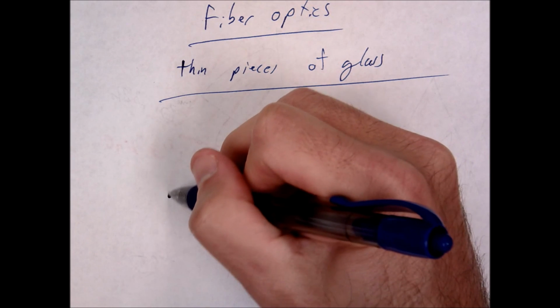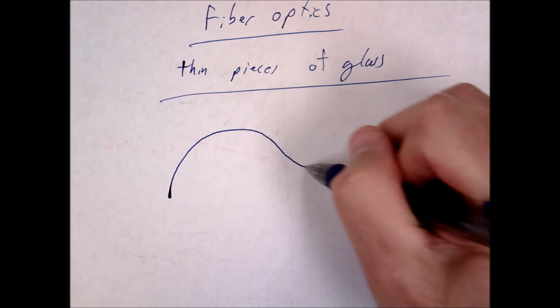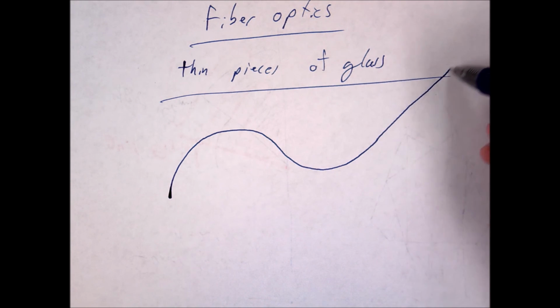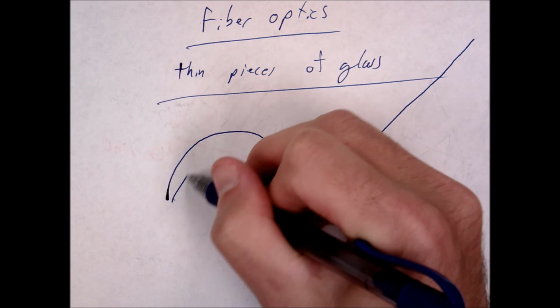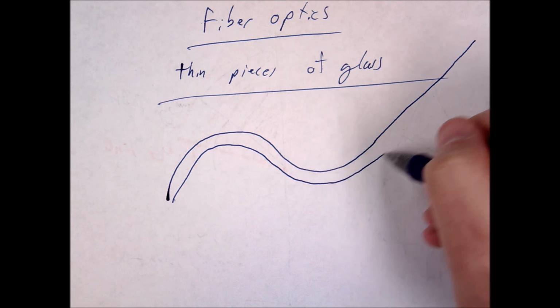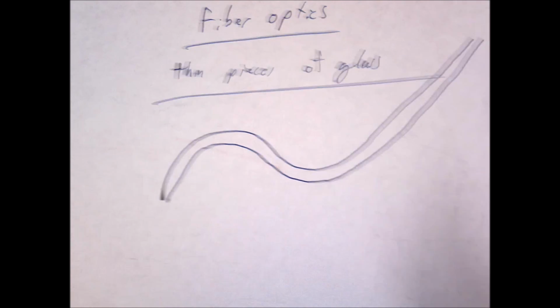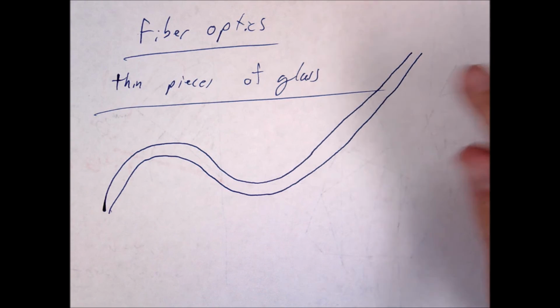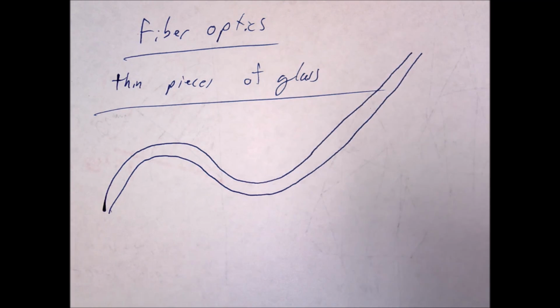So you could take a piece of glass and just bend it. Some of you might have these if you have an optical cable in your surround sound system, hooking up your Blu-ray player or something to your stereo. It just looks like a wire, but it uses lasers or LEDs to transmit light through it.